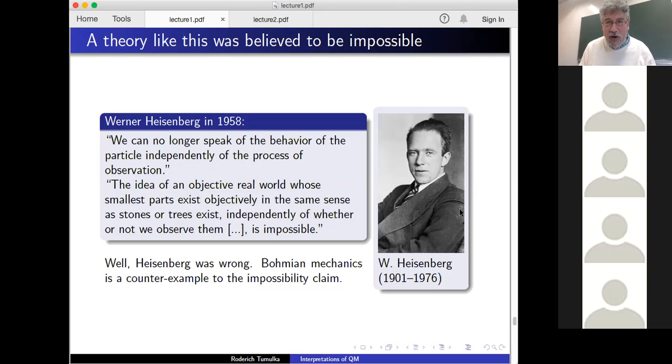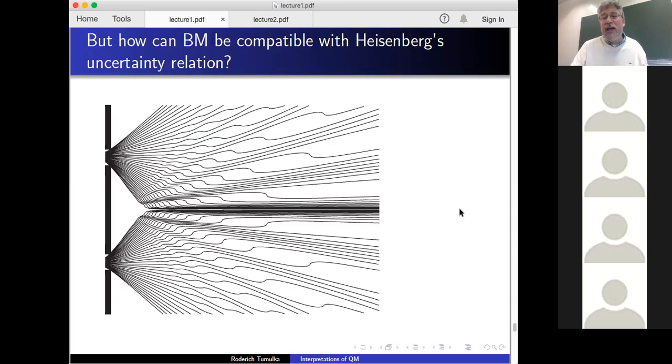Well, Heisenberg was wrong. We know now that Bohmian mechanics is a counterexample to this impossibility claim, that it actually is possible to have a theory postulating an objective real world in which certain things move around in certain ways, and which has the consequence that you observe exactly what quantum mechanics predicts.